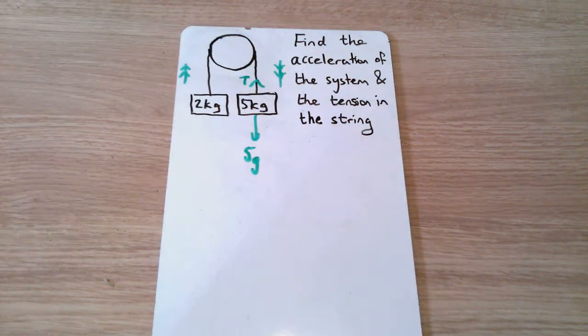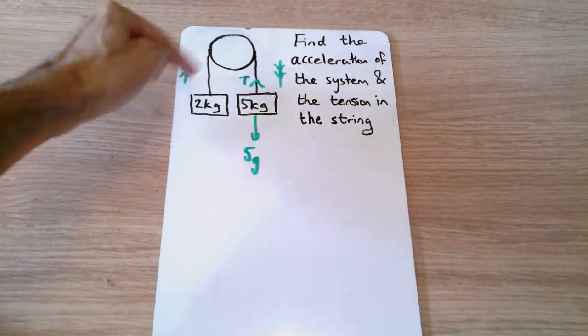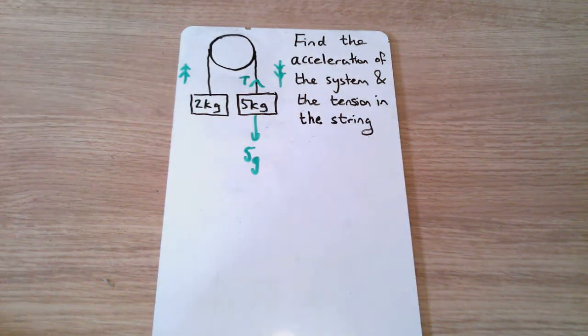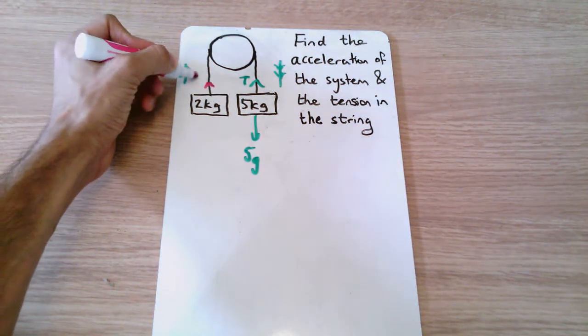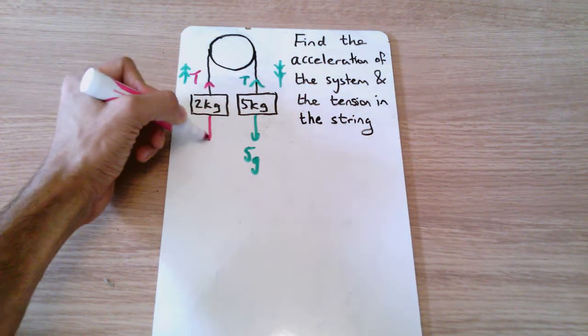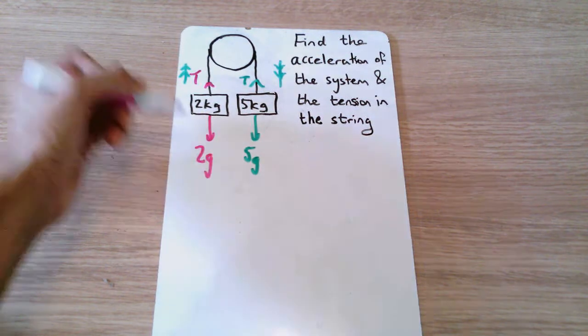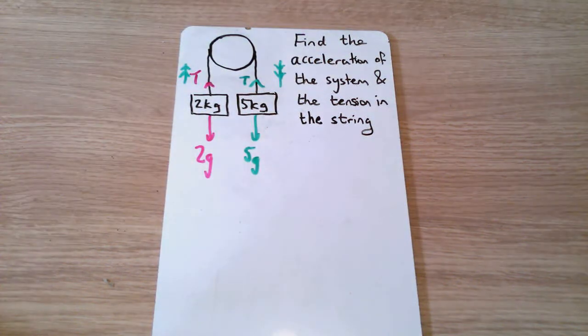Now that tension is linked to the resistance from the 2 kilogram block. As this is moving, it's getting resistance from this block over here. The 2 kilogram block is going to move upwards because the tension over here must be larger than its weight over here. So here we have the forces acting on the particle.